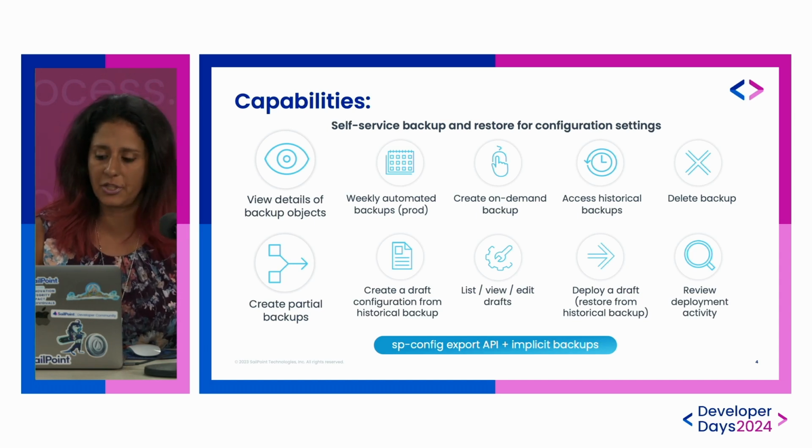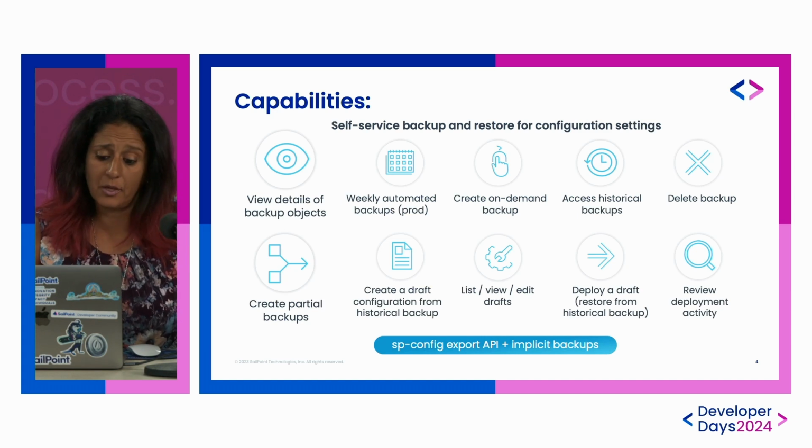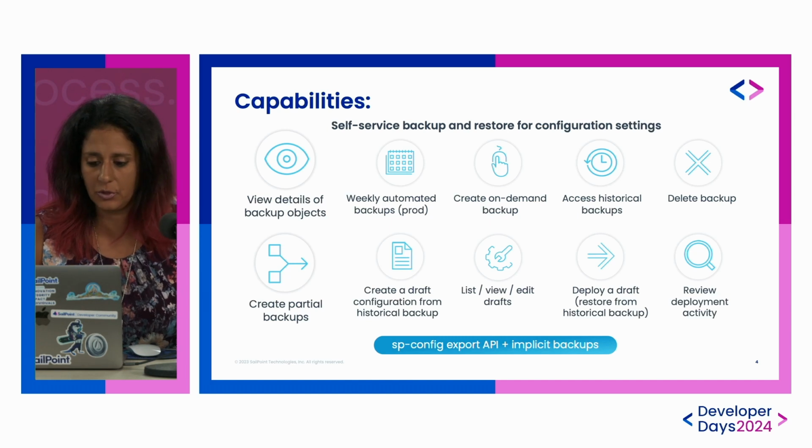Obviously, manage the versioning of the backups. You can delete them. And create also a partial backup. A partial backup is, when you make changes only for specific sources, you can just back up those sources.